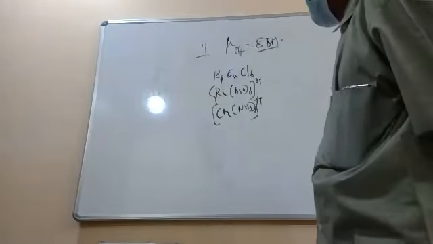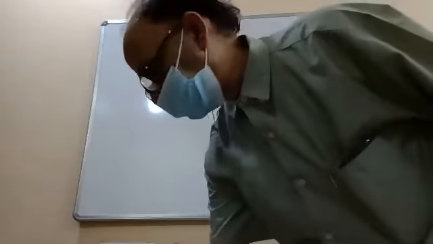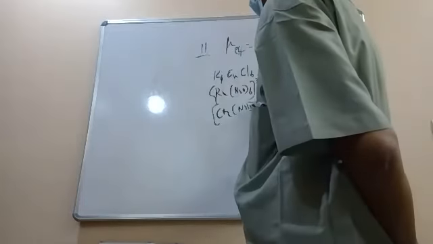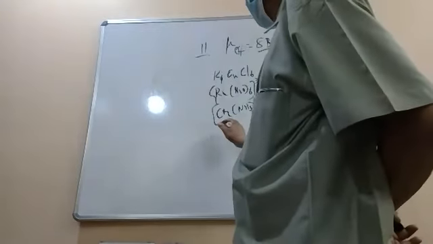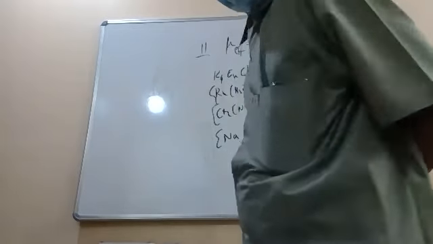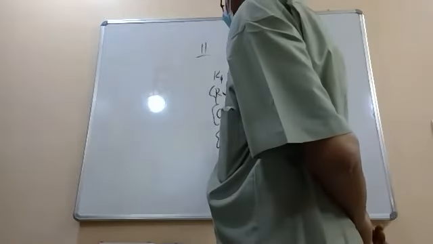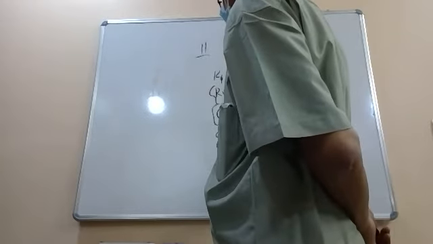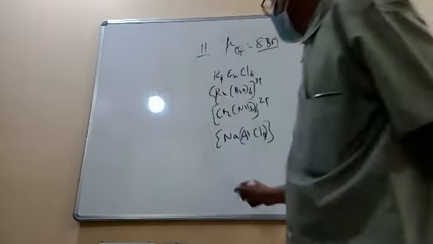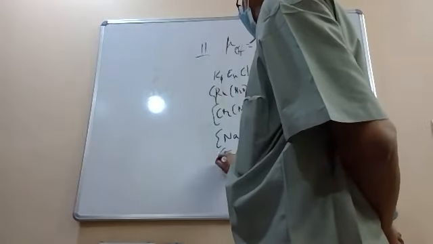Okay, is that 2+? I put 3+ there. Yes, I think it was 2+. Okay, Cr 2+. And then the next one was NaAlCl4. And then there was also the [Fe(CN)6]4- complex.